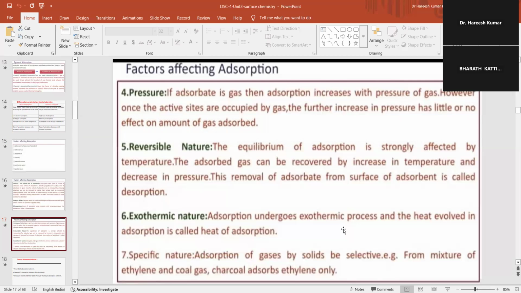Adsorption is an exothermic process, and the heat evolved in the adsorption is called heat of adsorption. Specific nature. That means adsorption of gases by solids is selective. For example, from a mixture of ethylene and coal gas, charcoal adsorbs ethylene only. Selectivity.